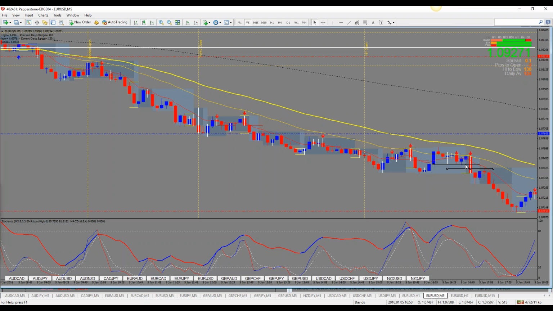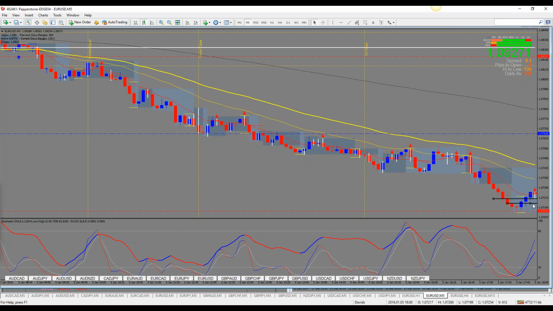If you look at these candles right here, those 3 candles, that blue candle closed above my 10 moving average. The next candle closed below the 10 moving average, therefore giving me the signal to go short. Yes. Okay, so let's take a look at that.